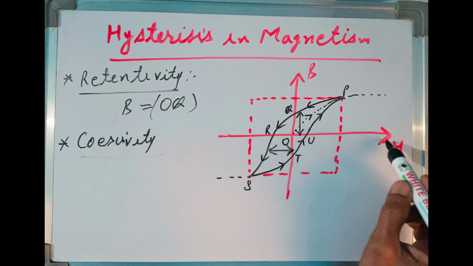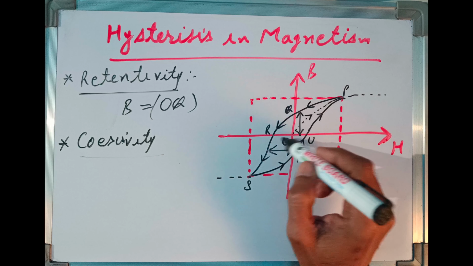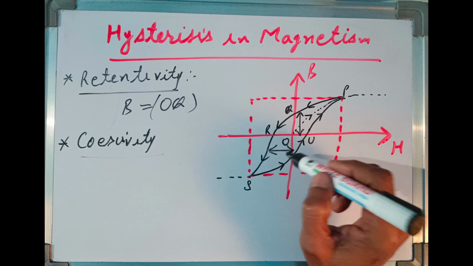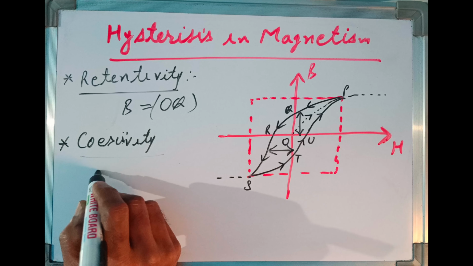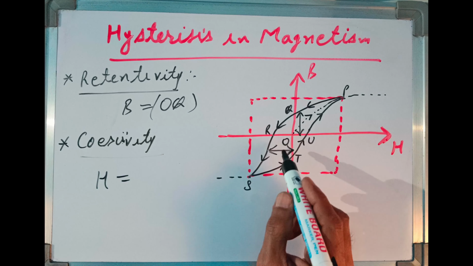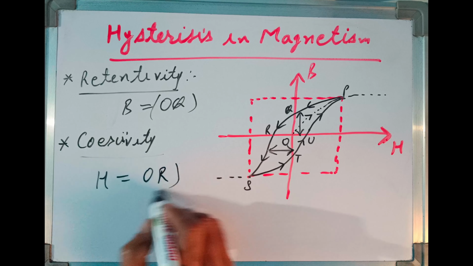This negative value of H, when induced magnetism becomes 0, is called coercivity. So I can say it is that value of H in the negative direction, equal to O to R.